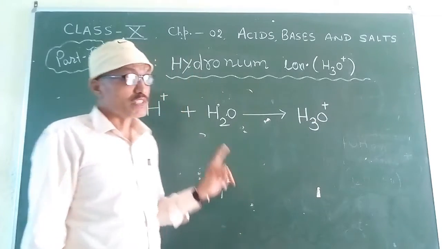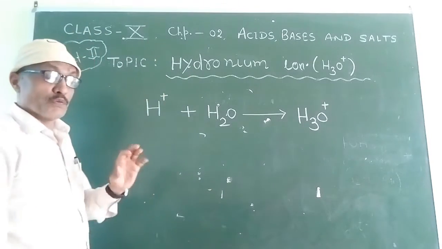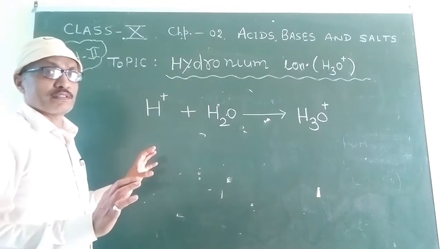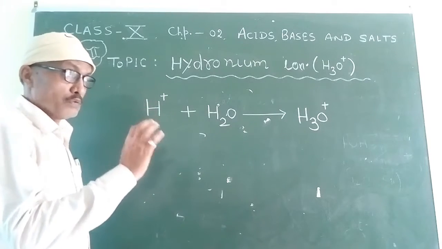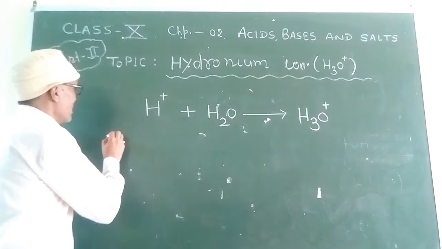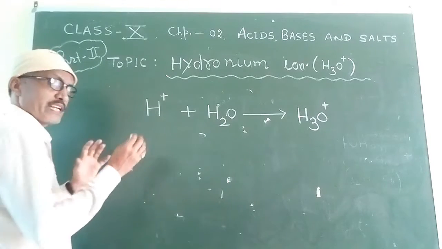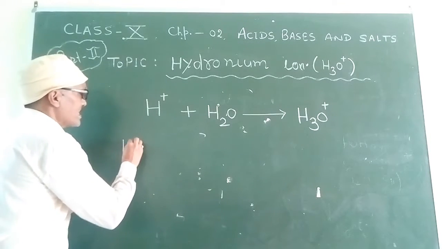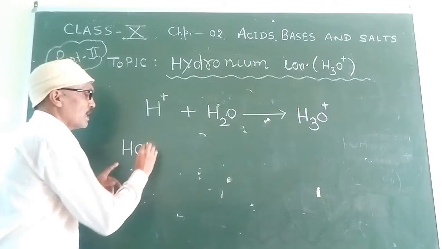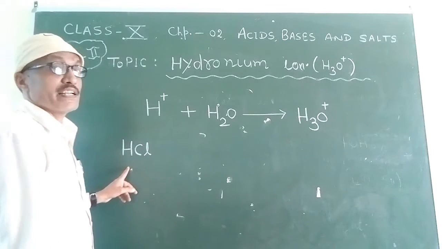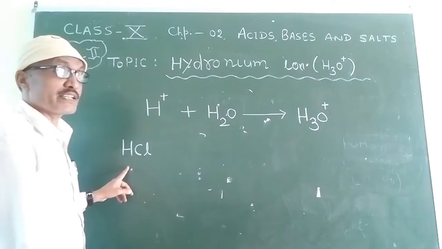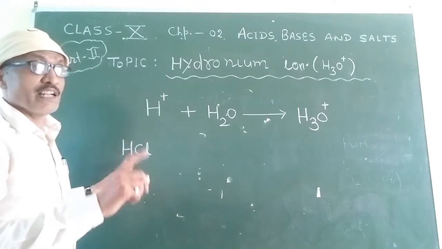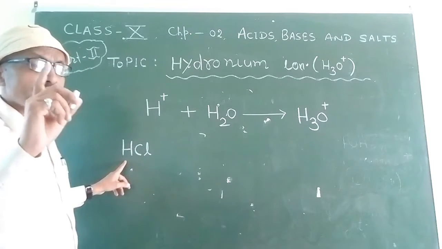Okay? So students, now the reaction, how can you represent? Let me write here. Take one example, HCl. According to Arrhenius, this is an acid. Why acid? Because this HCl in water produces hydrogen ion.